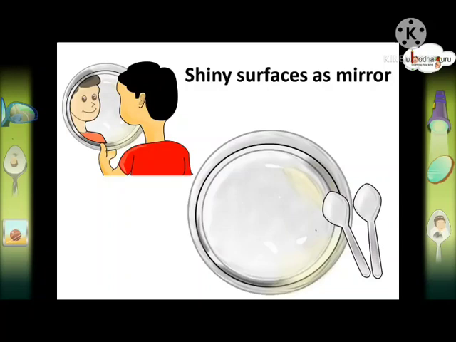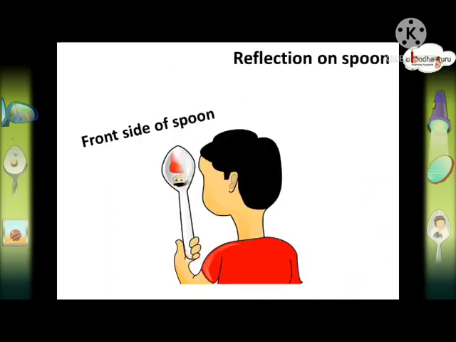For example, we can see our face in the shiny steel or silver plate and other utensils, say the spoons too. But does the image we see in these look like the image we see in the plane mirror? Let us see. Aman was waiting for his dinner. He started looking into the spoon and saw his image on the front side of the spoon. What did he see? The image was different from the image he sees in the plane mirror.